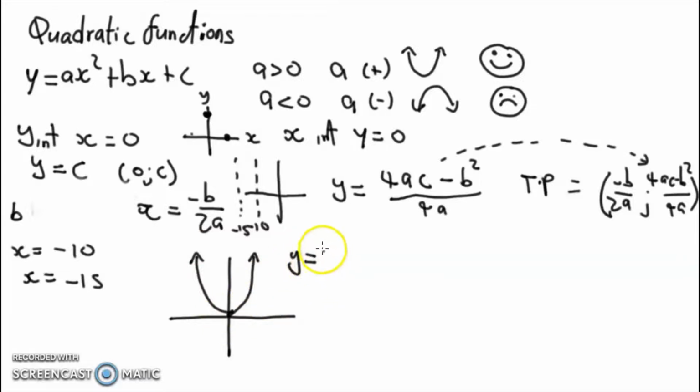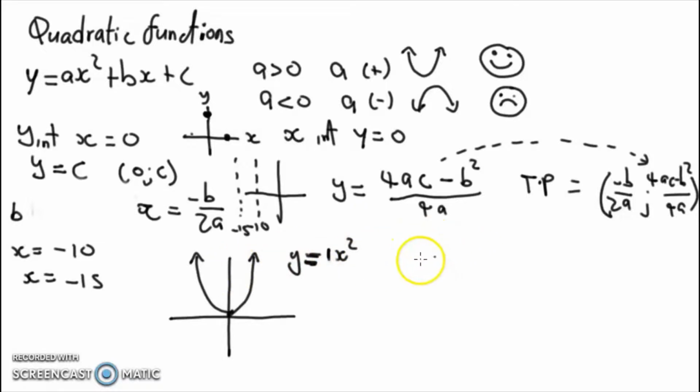Suppose this function is y is equal to x squared. Let's say a is 1. So let me just remove this. Let's say a is equal to 1. Even if we don't write 1 there, the coefficient when we omit a value is assumed to be 1.